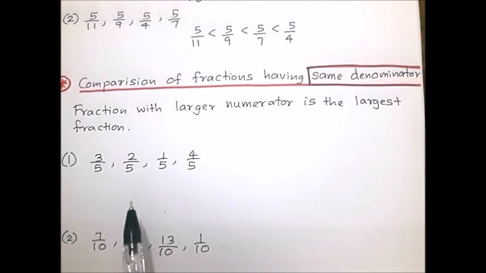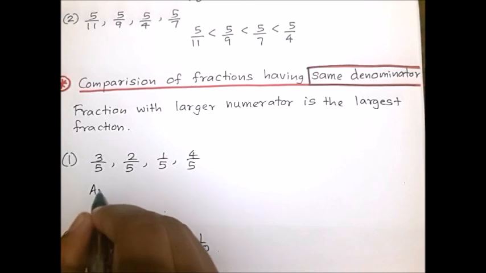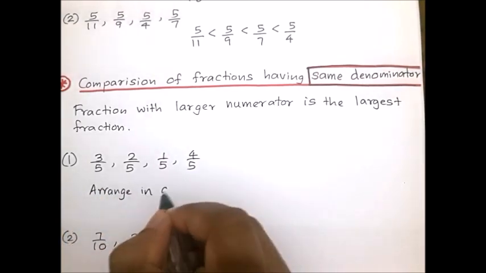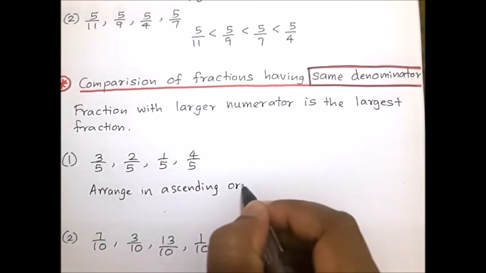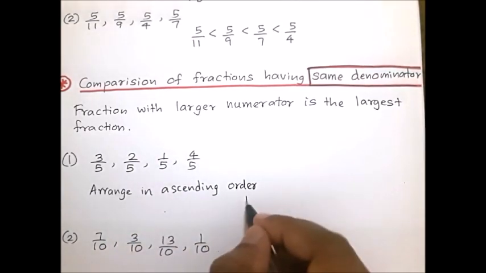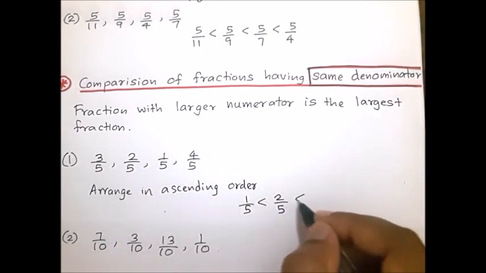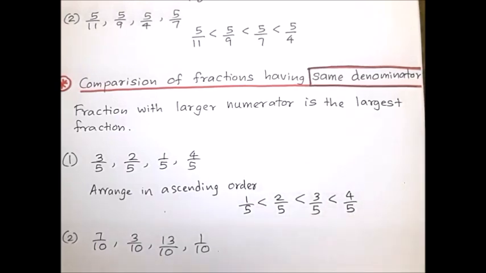So what is the smallest one here? Again arrange this in ascending order. First you have to write the smallest one. It is 1/5. And next one 2/5. Next one 3/5. And the largest one is 4/5.